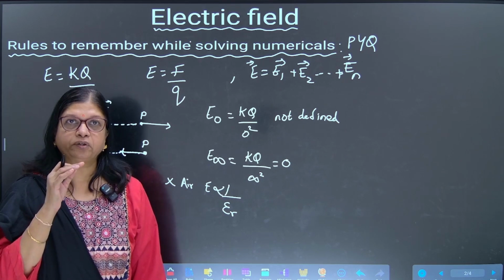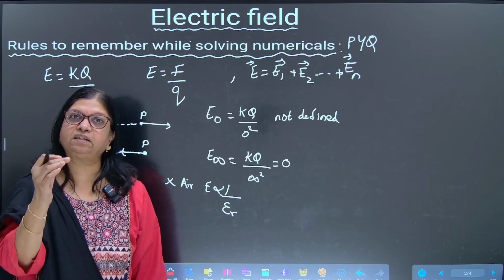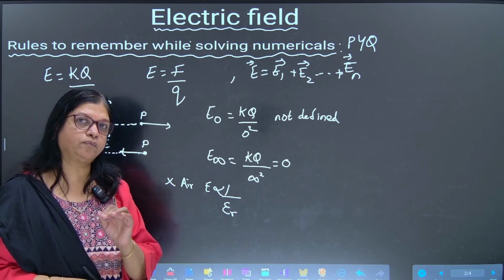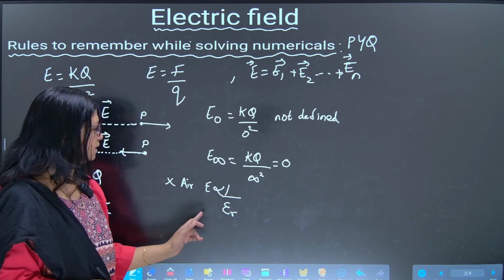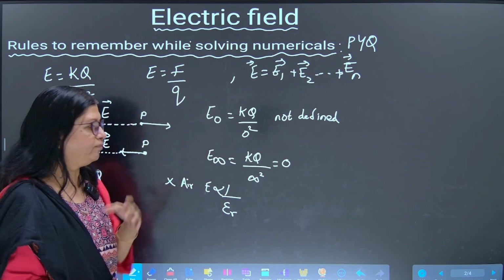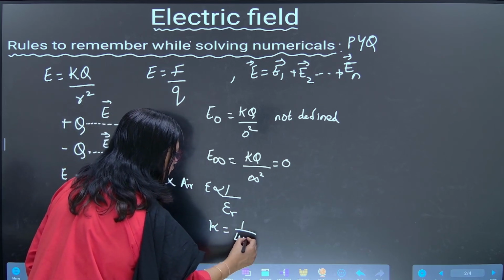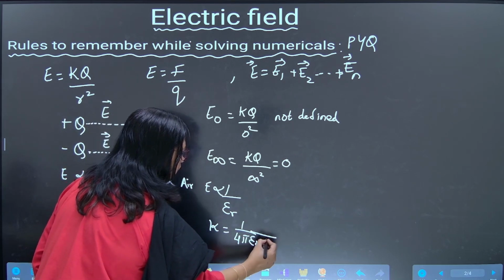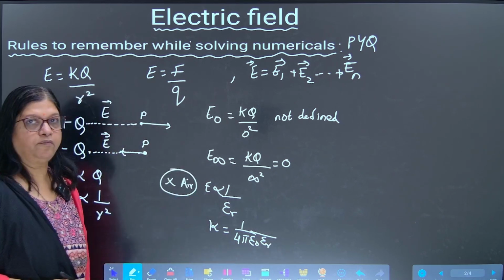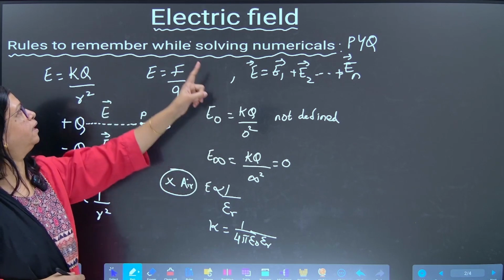So if we are considering that the charge is placed in any medium other than air, then E is inversely proportional to the relative permittivity of the medium also, where this epsilon R, as already taught earlier, is substituted in K, where K becomes 1 upon 4 pi epsilon naught epsilon R if air is not the medium. Fine. Okay, so these are the basic points to be remembered whenever there is a question about electric field.